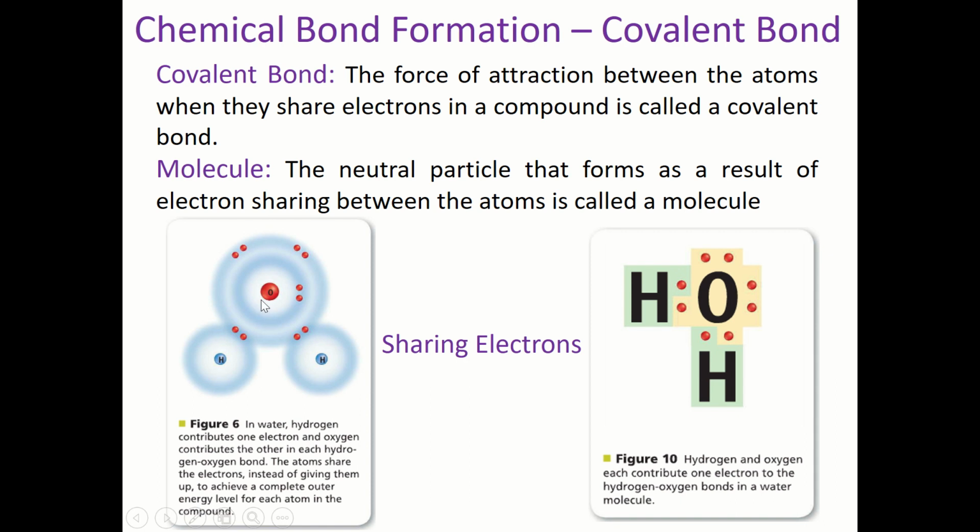It needs to share 2 electrons with 2 hydrogen atoms, such that the oxygen feels that it has 8 electrons at the outermost, and each one of the hydrogens feels that it has 2 electrons at the outermost. So if I count here, I see that the oxygen has 2, 4, 6, 8, and each one of the hydrogens has 2 electrons at the outermost orbit.